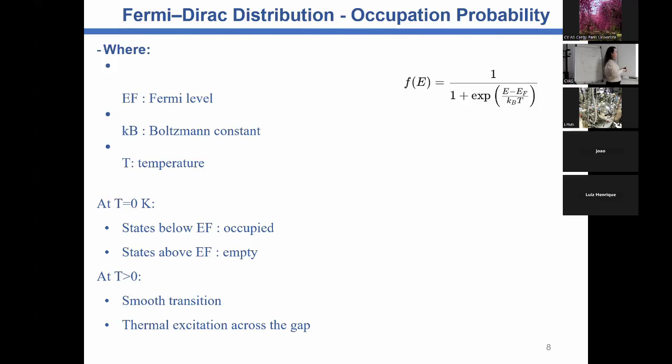For instance, if we have a metal, these occupied states and empty states are too close, so a small quantity of temperature can move an electron from the occupied space to the empty space. So this will rule the transitions across the gap of the material.